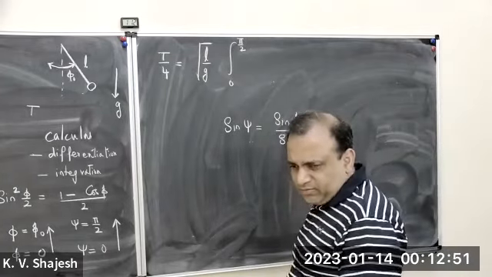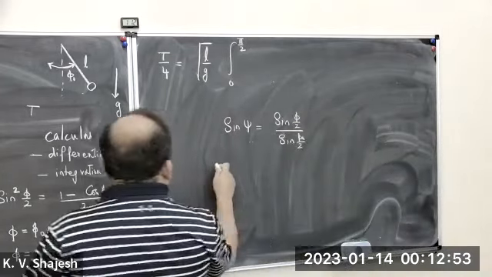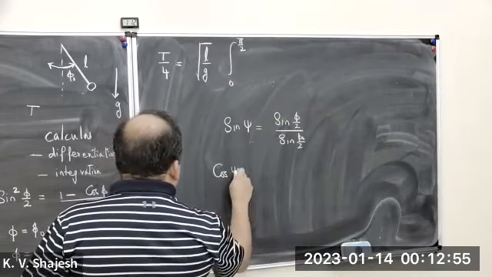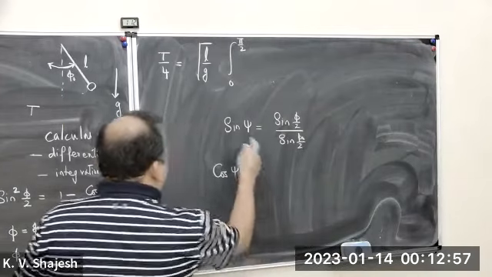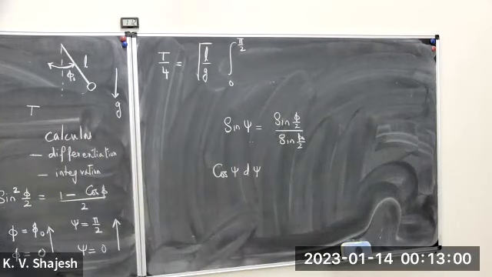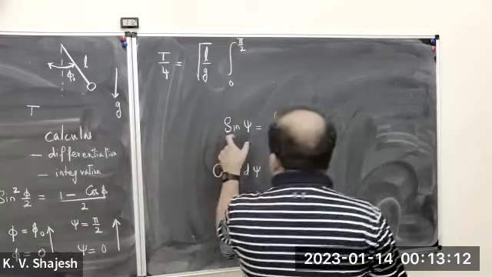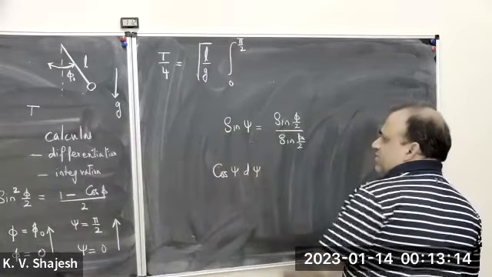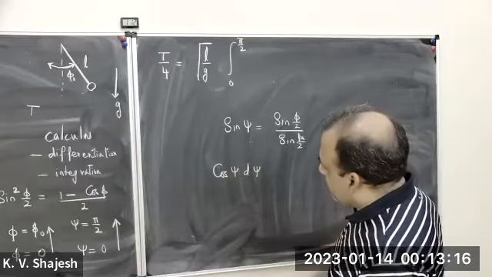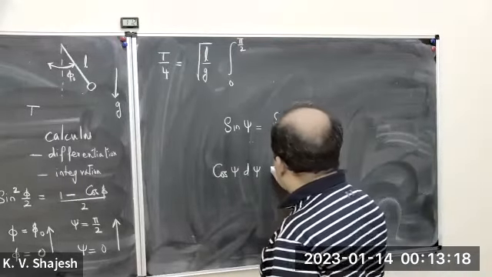So that's equal to cosine of psi d psi. This is the idea of differentiation. The integration is given in terms of differentials, tiny small quantities. So when you make a small change in psi, how much does sine psi change? It's given by cosine of psi times d psi.